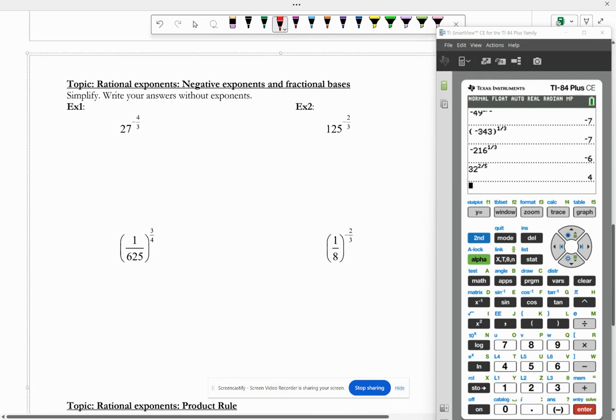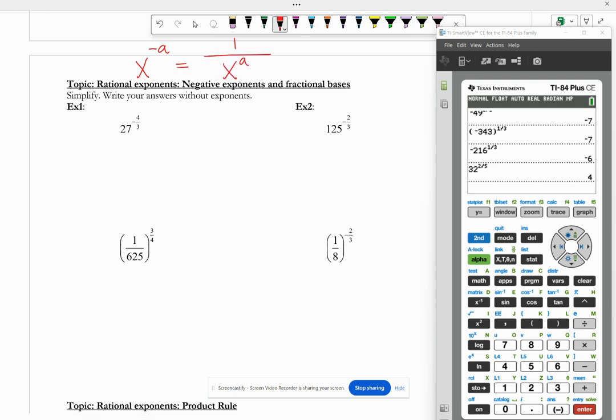Let's see. So if I end up having x to the negative a, that's 1 over x to the a. It goes down below. So this is really, I'll show you without a calculator and then I'll show you with a calculator.